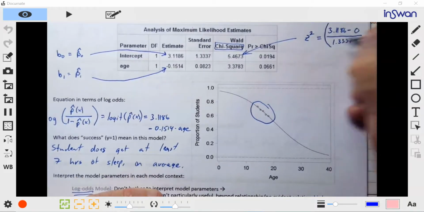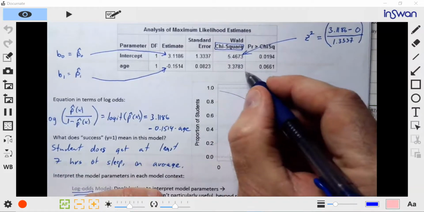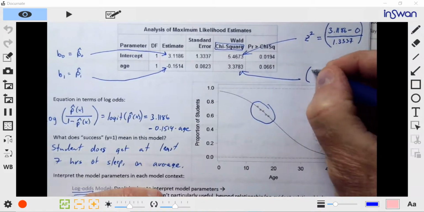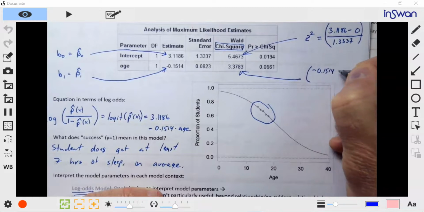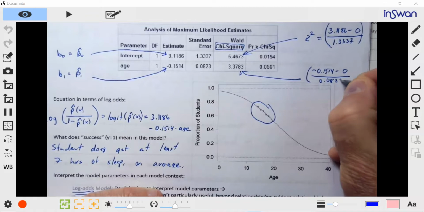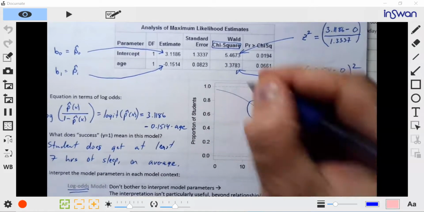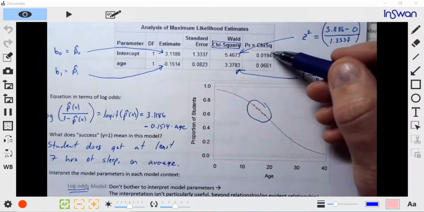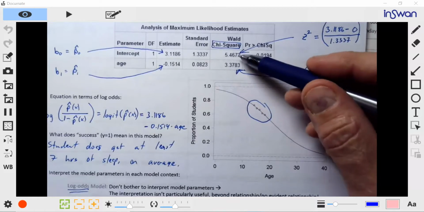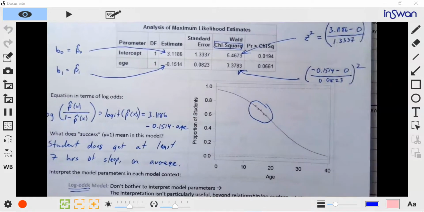If we square that, you'll get 5.4673. And similarly, this is negative 0.1514 minus 0 over 0.0823, squared. And the p-values correspond to the chi-square statistic. But these are the exact same p-values that you would get if we used the standard normal distribution.